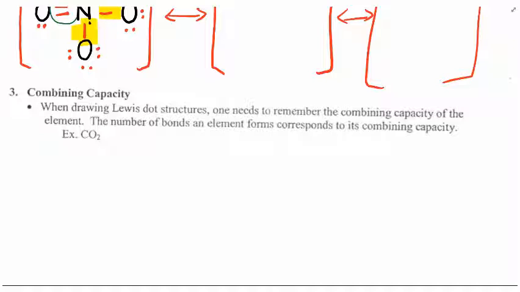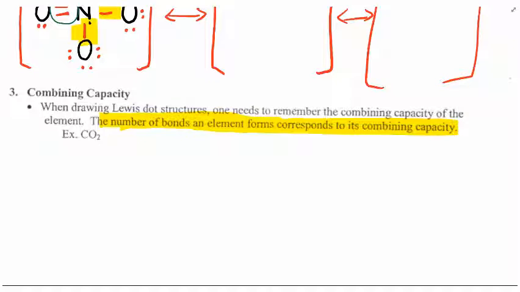So combining capacity is basically another word for the number of bonds an atom likes to form. Okay, so the number of bonds an atom forms corresponds to its combining capacity. It's like the preference of the atom, how many bonds they would like to form with another atom.